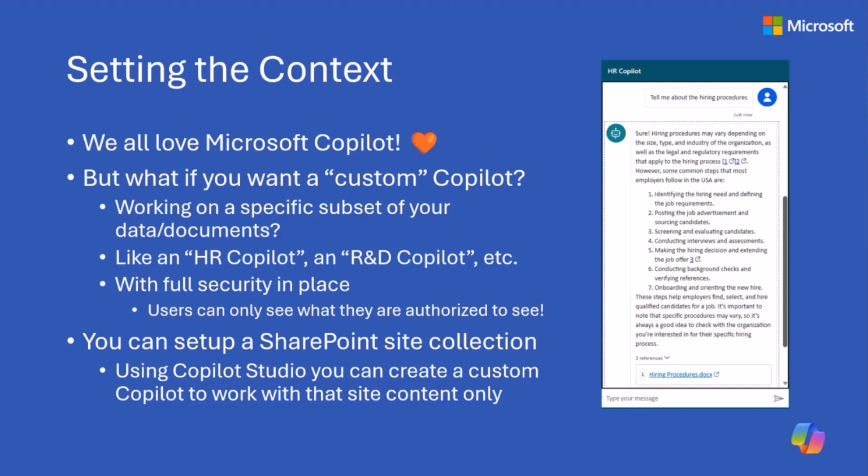So we want to have all of the users being able to see and get access only to the content that they can have access to. We can do that using a SharePoint Online site collection and using Copilot Studio. And we can then have a kind of a bot experience for our end users through which they will be able to query and search with natural language processing and with the Copilot-like style approach.